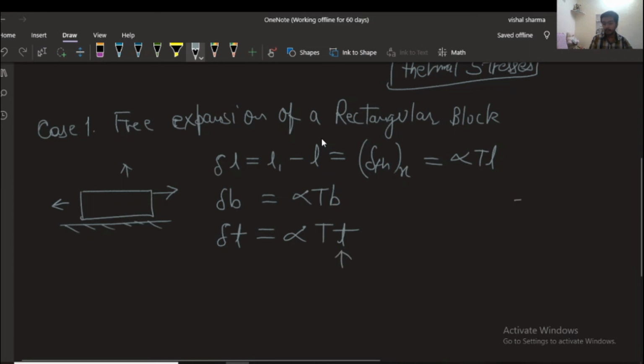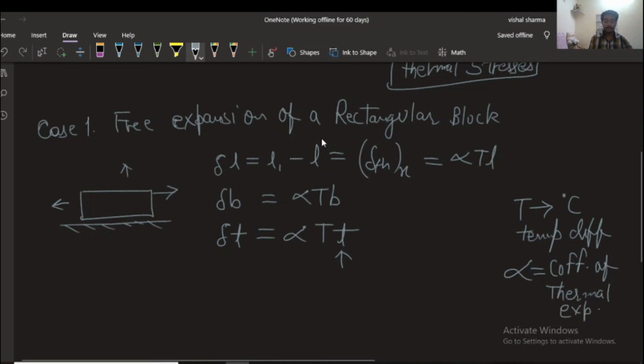Here T is in degrees centigrade, which shows the temperature difference, and alpha is the coefficient of thermal expansion.